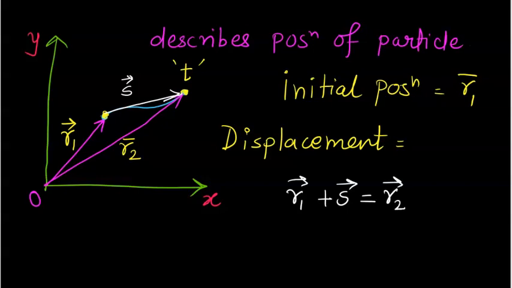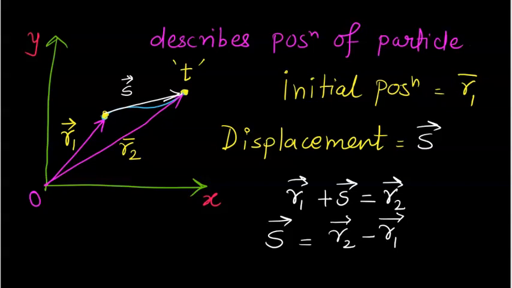So the displacement vector is S bar. We are finding the displacement vector, so S bar is equal to R2 bar minus R1 bar. This is the displacement which is taking place in this case.